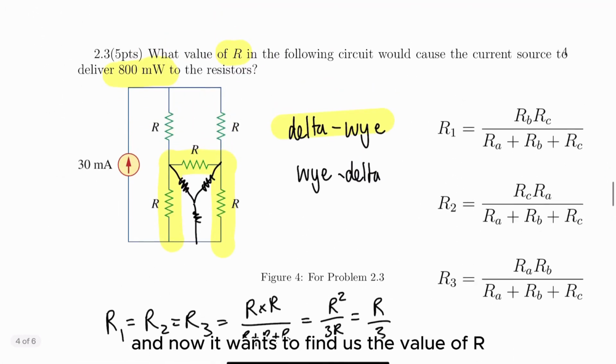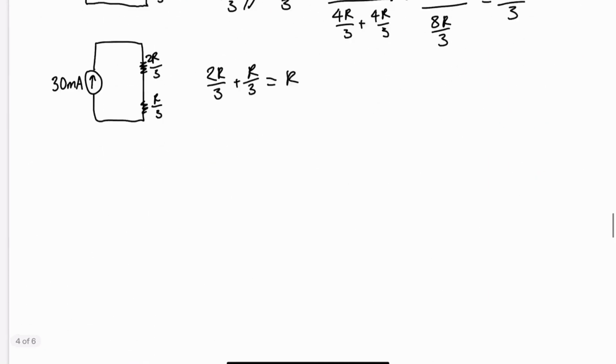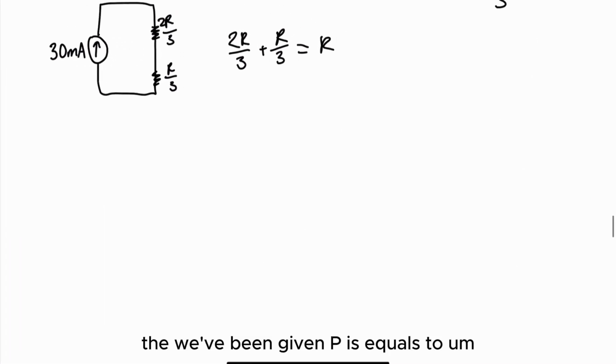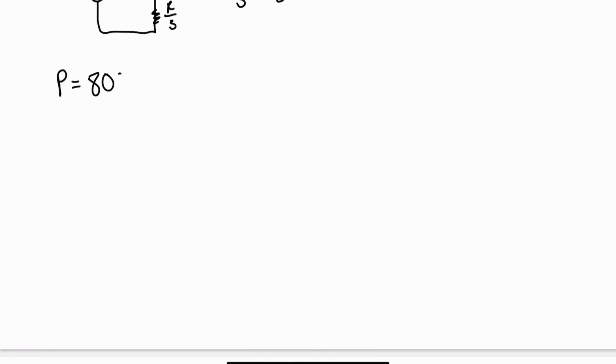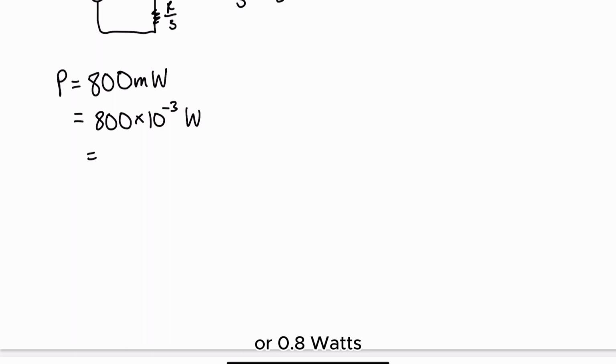And now it wants us to find the value of R when we deliver 800 milliwatts. So we've been given P equals 800 milliwatts, which is equal to 800 times 10 to the minus 3 watts, or 0.8 watts.